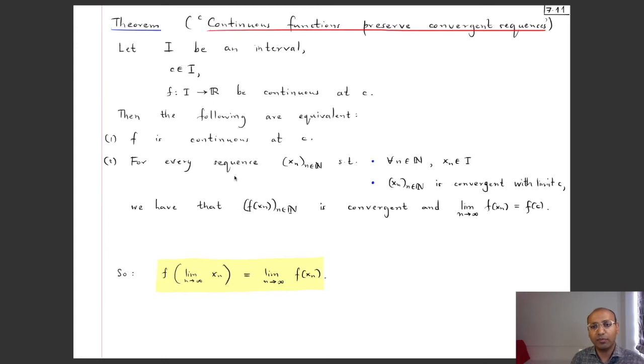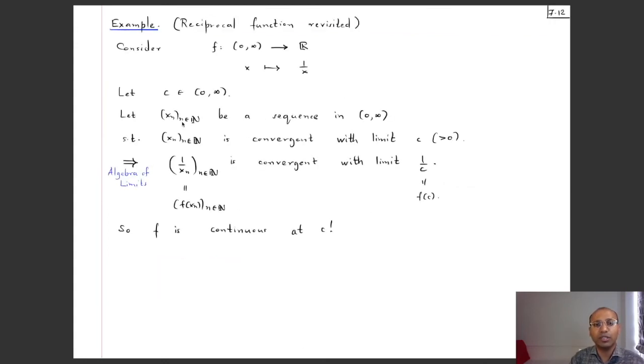What does this say? That whenever you have a sequence converging to c, so let xn be a sequence contained in this domain, so it's a sequence of positive numbers, and it converges with limit c. Then the question is, does f of xn also converge with limit f of c? What is f of xn? Well, f of anything is the reciprocal of that. So f of xn, remember that xn's are positive, so the reciprocal is well defined, it's a non-zero number.